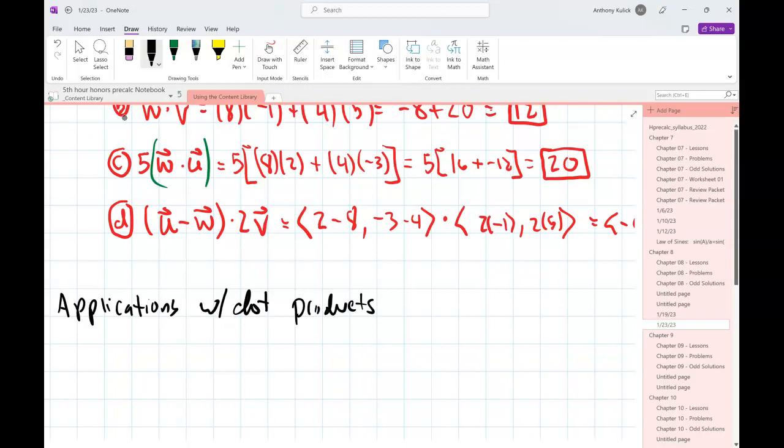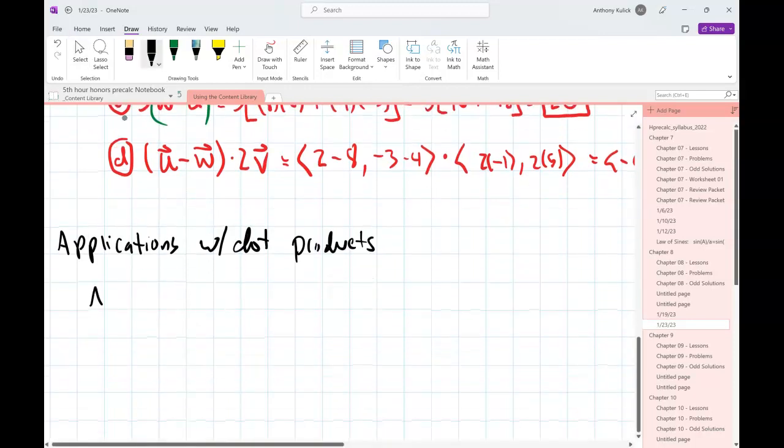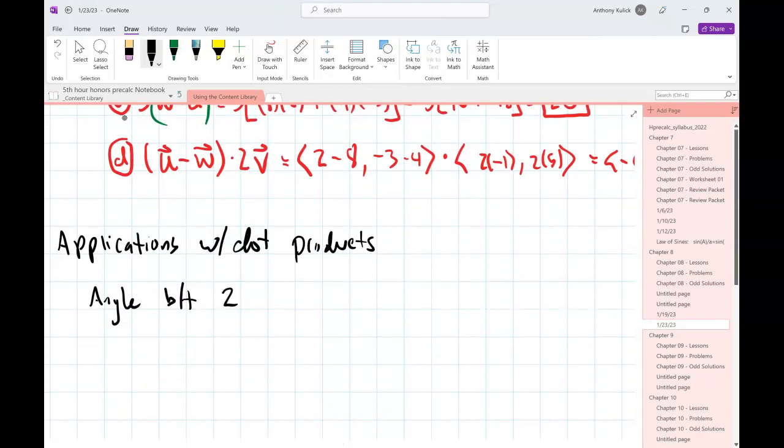So let's look at some applications for things we can do using dot products. So let's say we want the angle between two vectors.